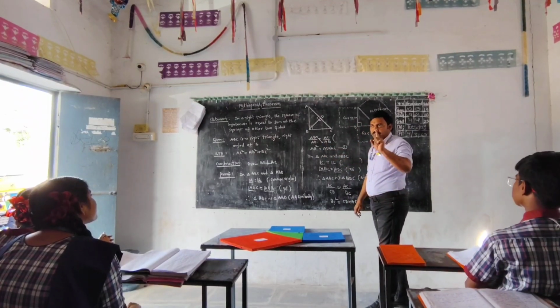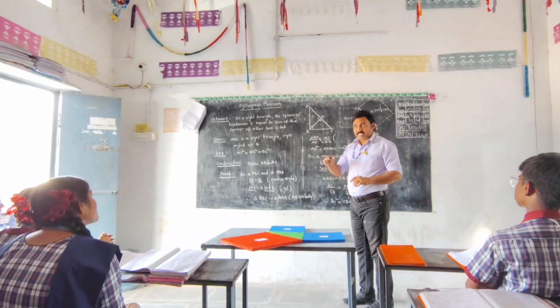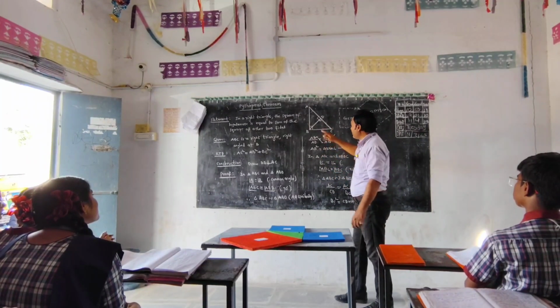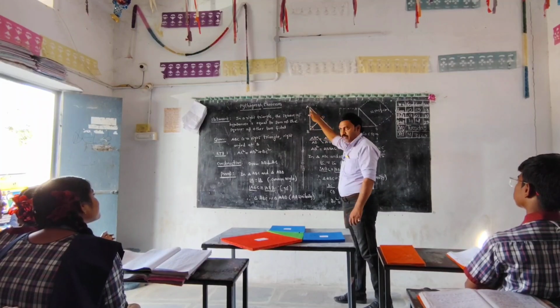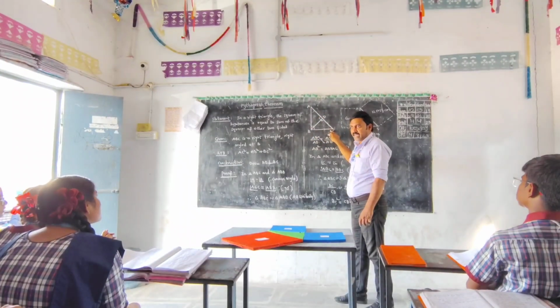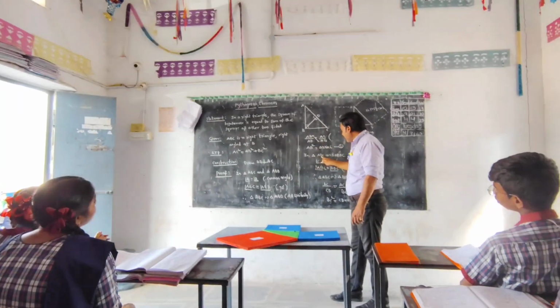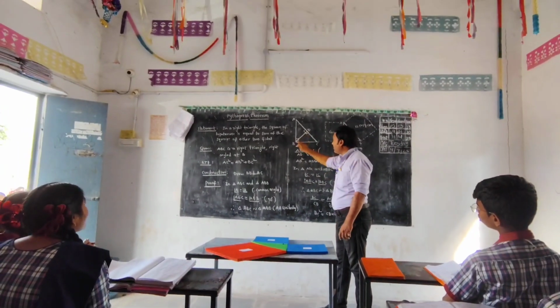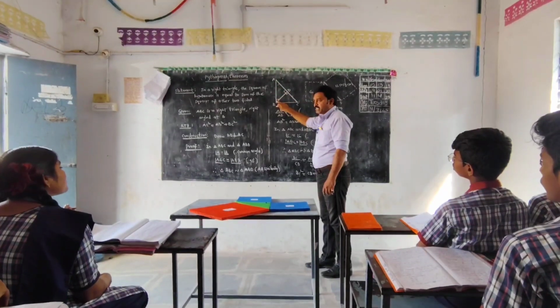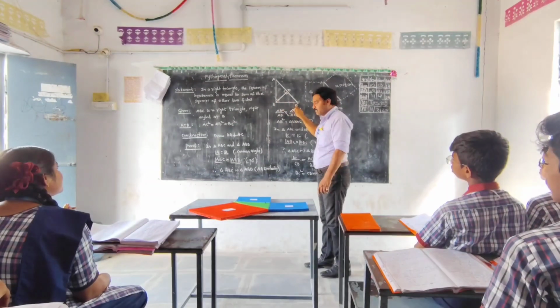So now one pair of triangles I have taken. Next, one more pair of triangles I am going to take. That is big triangle ABC and the second small triangle, triangle BDC. Before we took the AB side, now we have to take the BC side.